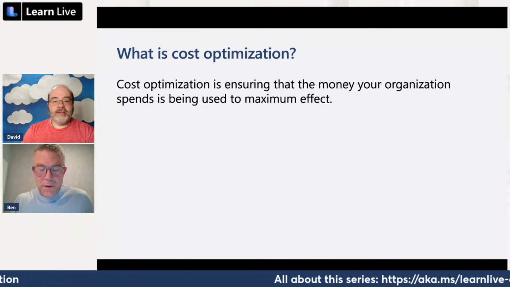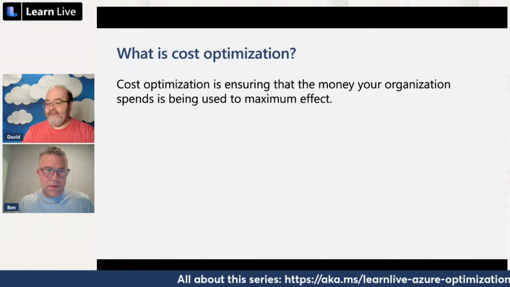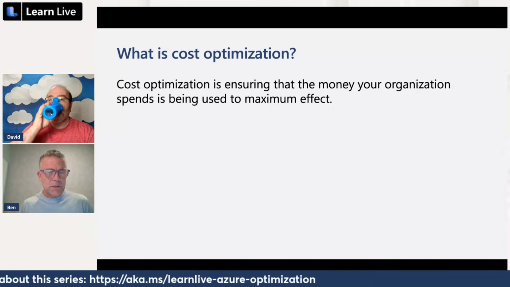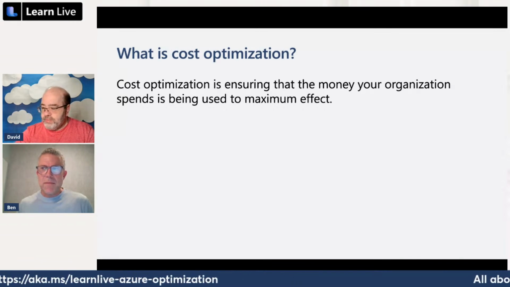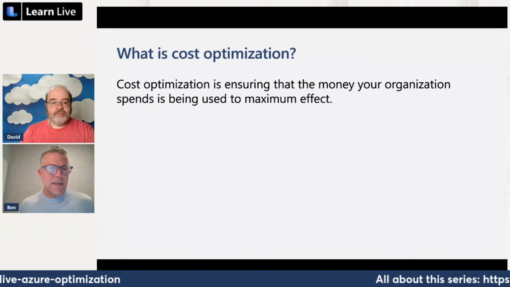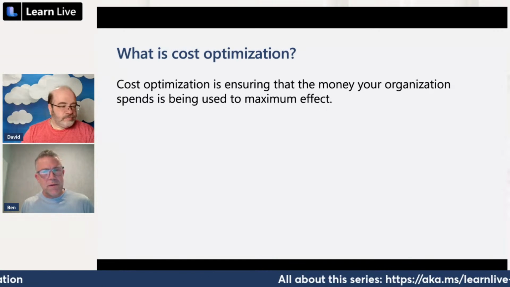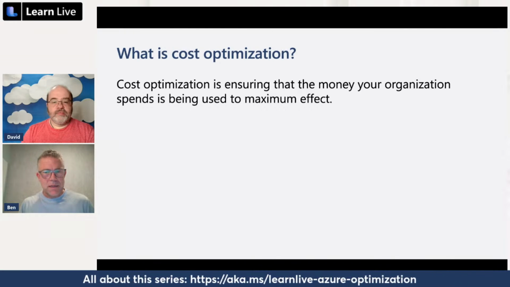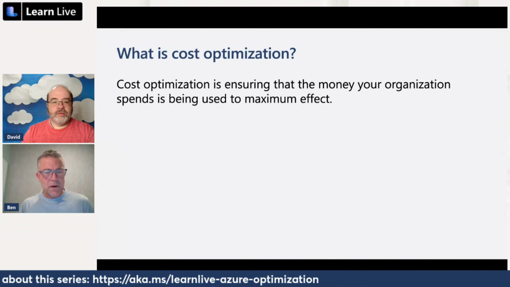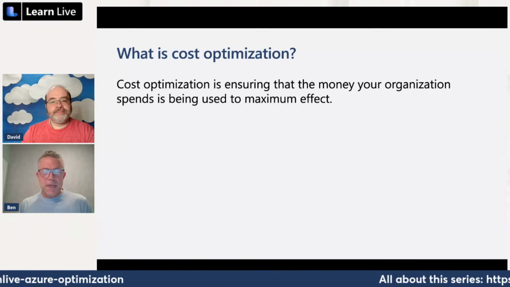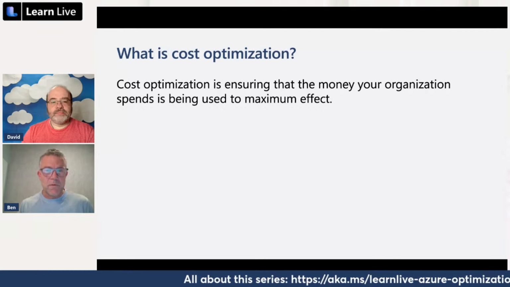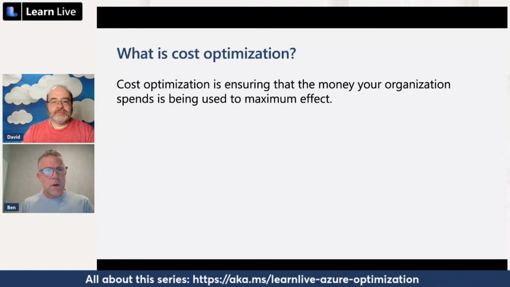I just wanted to point out that there's been a lot of conversation about this. Are we really talking about cost optimization, where we're trying to save money, or is this really about efficiency, ensuring that we're using our dollars, our investment in the cloud, as efficiently as possible? The efficiency notion goes back to what you were talking about earlier with performance efficiency, which is why they're so well related.